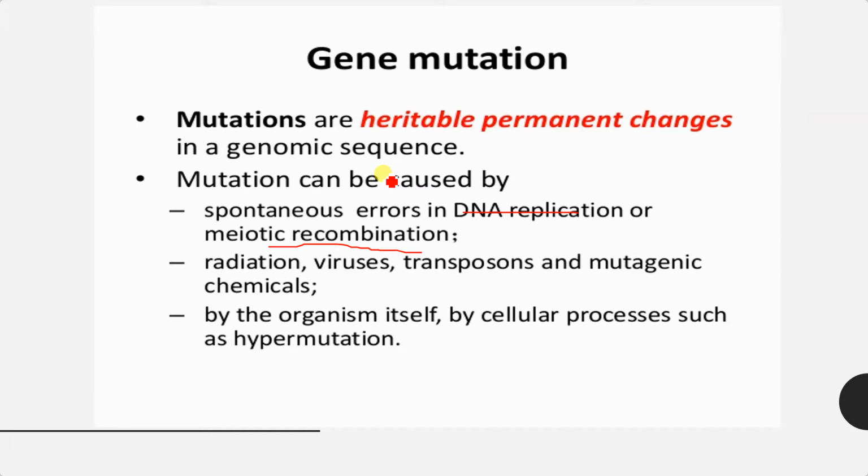These spontaneous changes can be due to deamination, where the cytosine is converted to uracil, or depurination, which may also result in mutation, or some other chemical or other factors like excessive exposure to radiation, viruses, or mutagenic chemicals, which may lead to mutation.